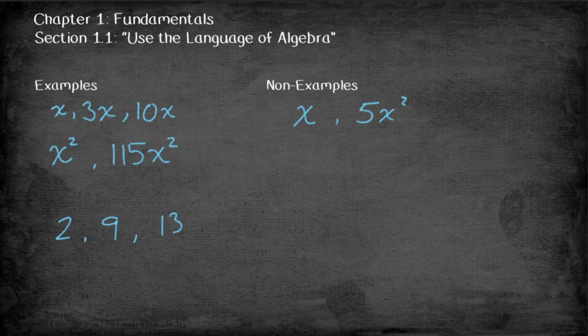And if we have something like 8y squared and 8z squared, then these are not like terms either. Although the exponents are the same, the variables are different. So this would be another non-example of a pair of like terms.